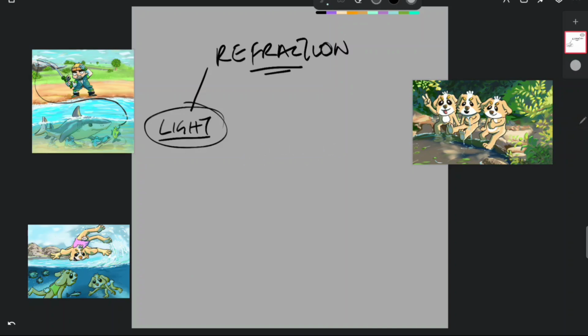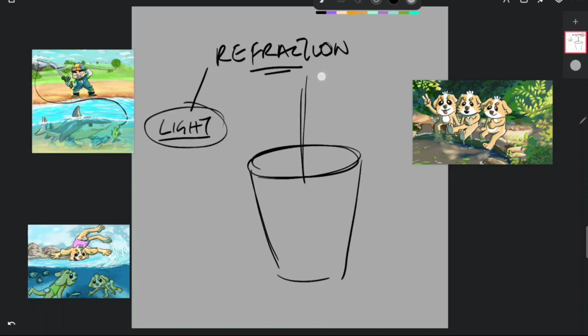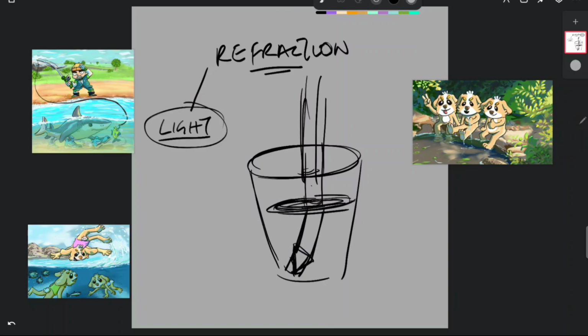For example, if you have a bowl or a cup of water, and then you dip the pencil or your finger into the cup, and you look at it from an angle, you notice there will be this kind of bend to the form. So this is also part of the idea or the concept of refraction.